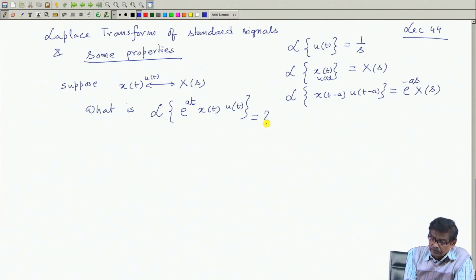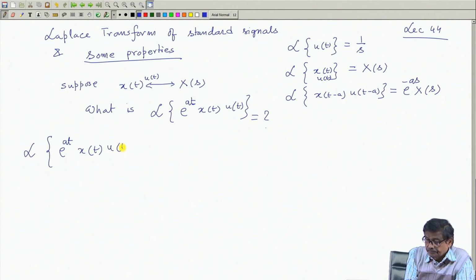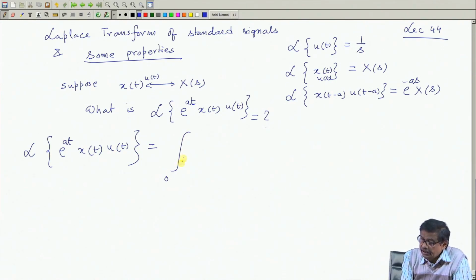So, we start from fundamental. The Laplace transform of e to the power at x(t) u(t): this multiplication by u(t) allows you to use the limits of integration from 0 to infinity. You must have understood by this time.